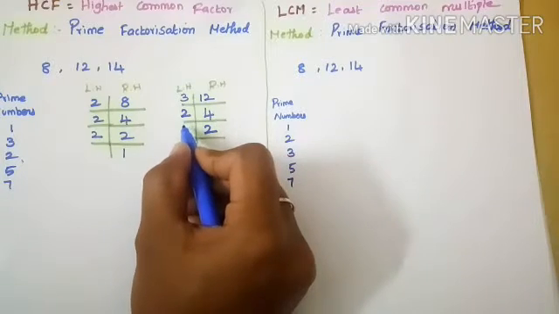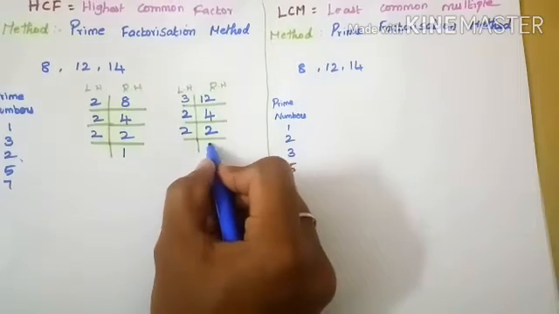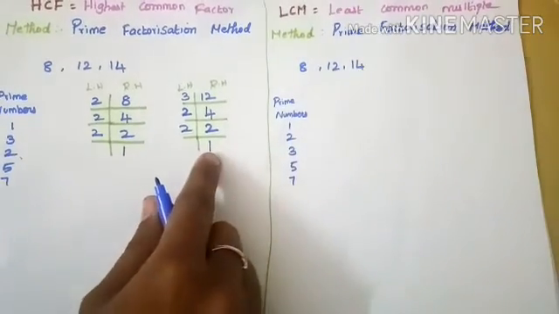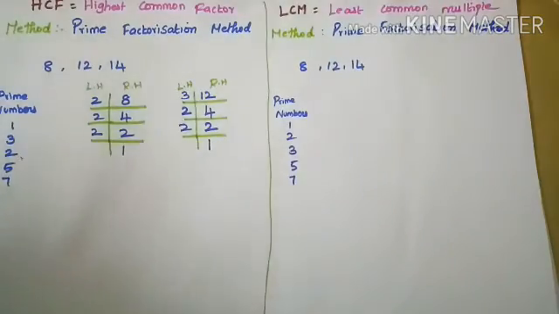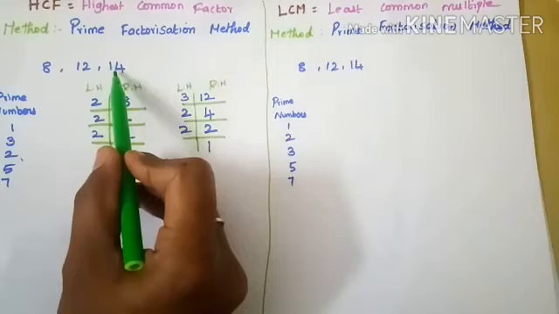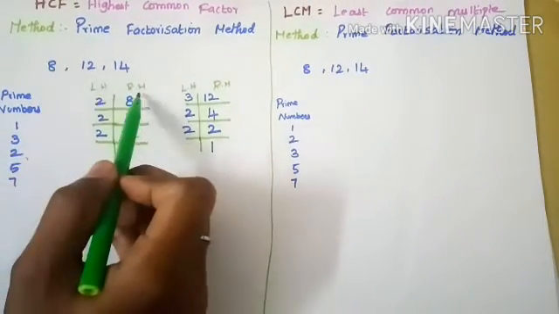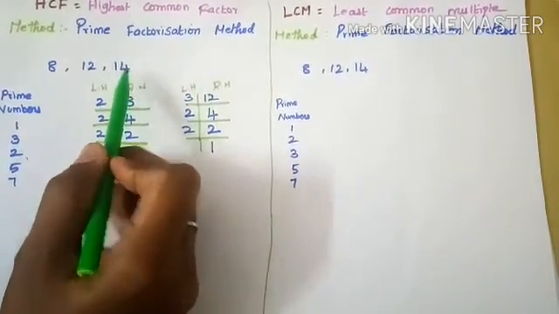Here 2. So 2 is divided by 2 table. How many times? 1 time. So 1 2 is 2. Now we get the 1. So we are going to move to the next number. What is the next number? 14, because we found 8 and 12. So now we are going to find the 14.